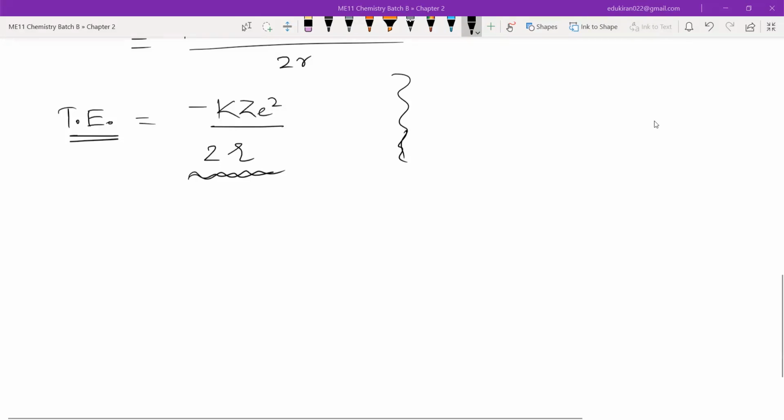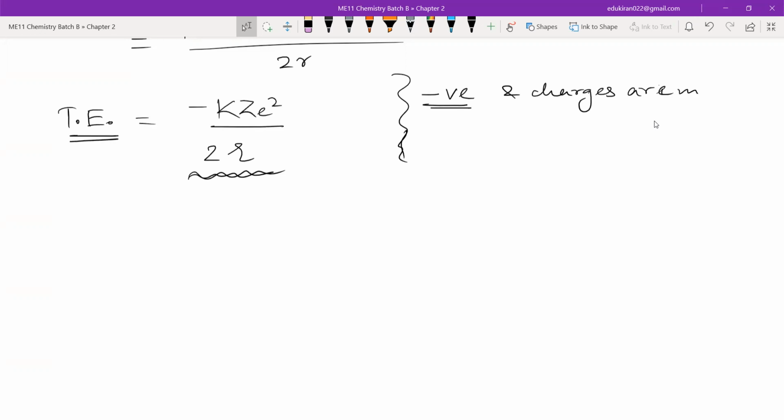Now, whenever there is a negative sign energy and charges are involved, one piece of information that you can gain from this negative sign is that the forces are attractive forces.